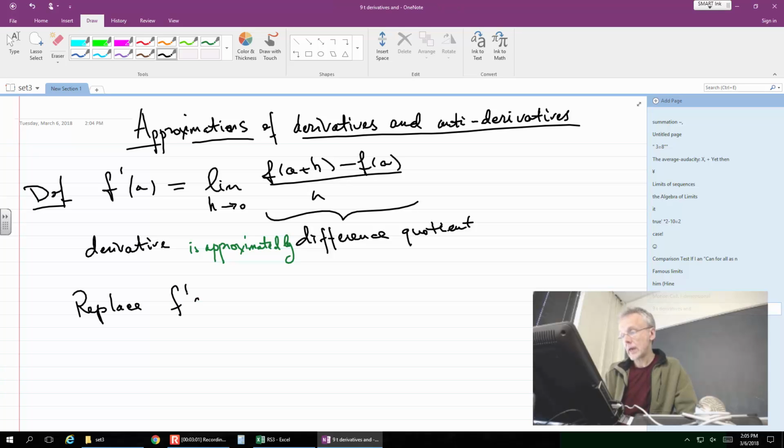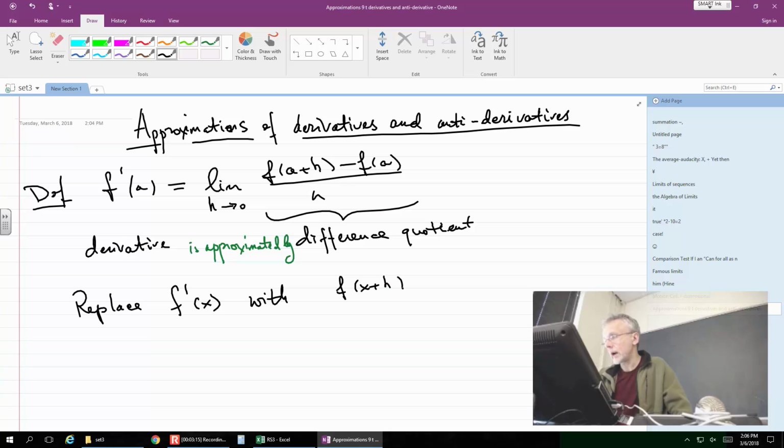In other words, replace f prime of a with f prime of x. We're not really interested in one value at a time. So it's a function replaced with another function, which is f of x plus h minus f of x over h.